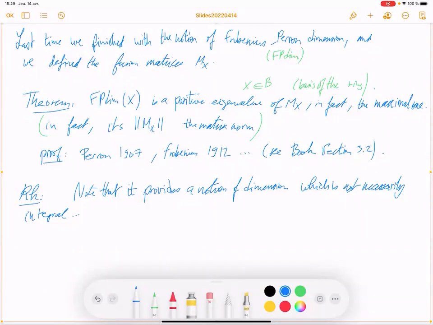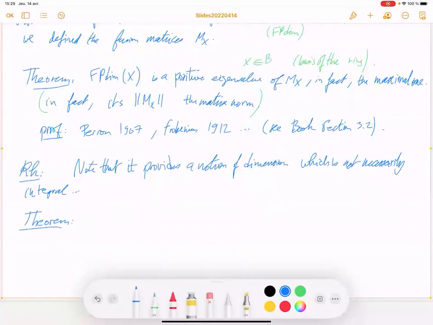And so the next theorem says that in fact it has the good property expected for a dimension, as follows.